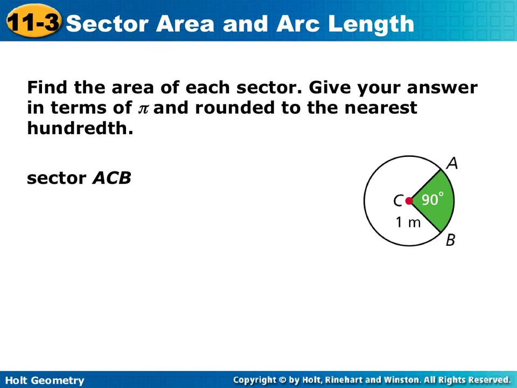So do radius squared times your fraction, and let's try and reduce them as much as possible. Then once you write that down, actually do times pi to finish it out.